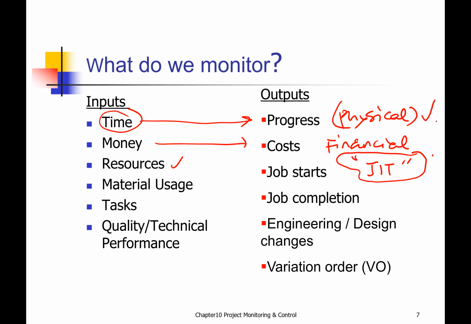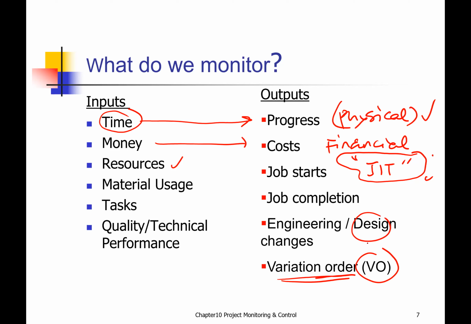Okay, you simply cannot bring your material in a lot at one time because you simply do not have space to put it in. But you can just use the concept being used in manufacturing and apply it to construction. Okay, and then what? Quality, engineering, design changes, VO, variation order.